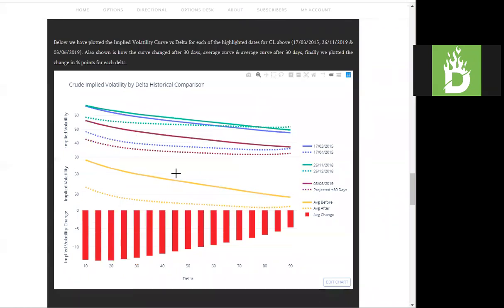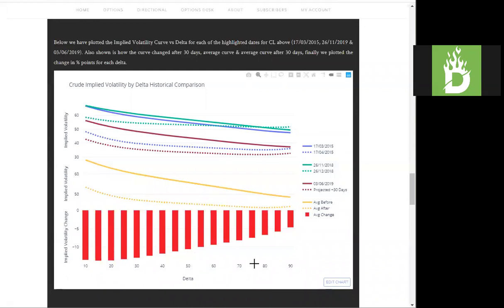This is something I wanted to include. I was showing you the shape of the skew. Obviously, the skew with IV on the Y, and delta on the X. Now, people go, why 90 delta? No, this isn't 90 delta.